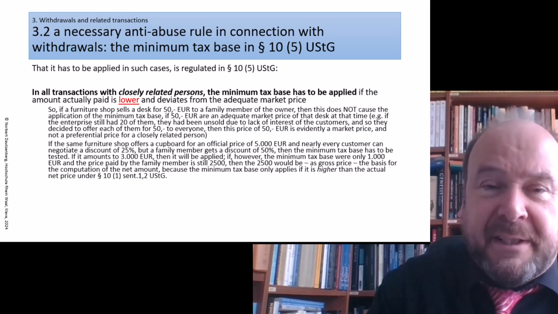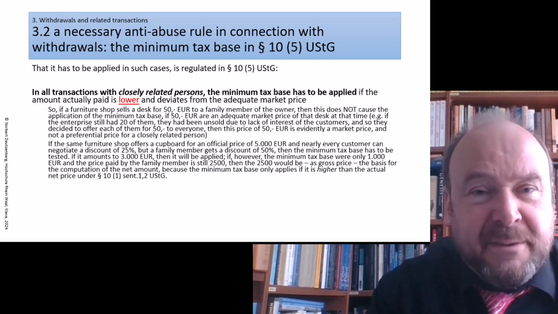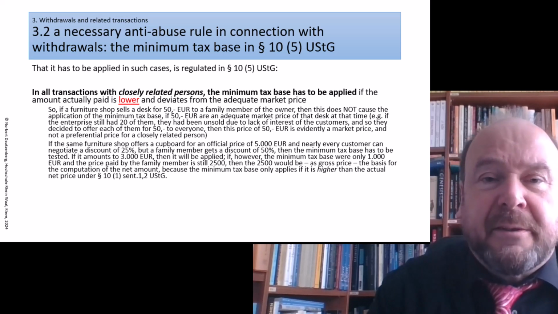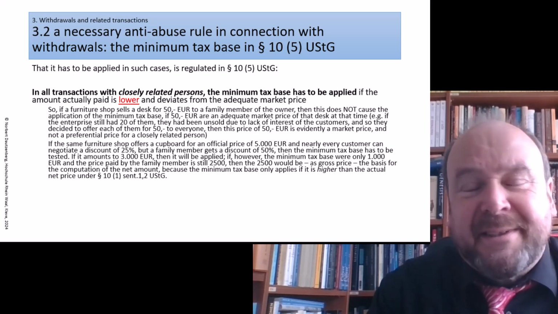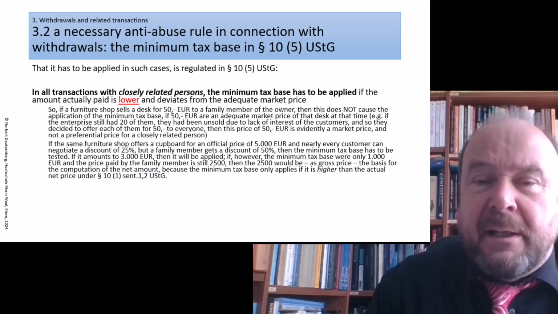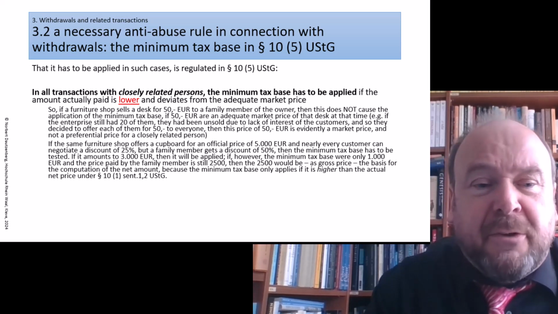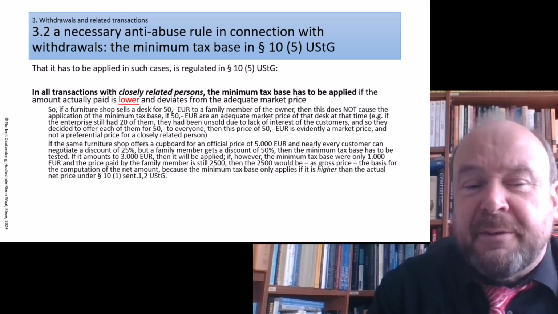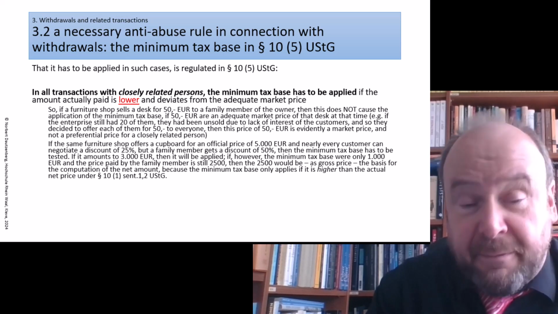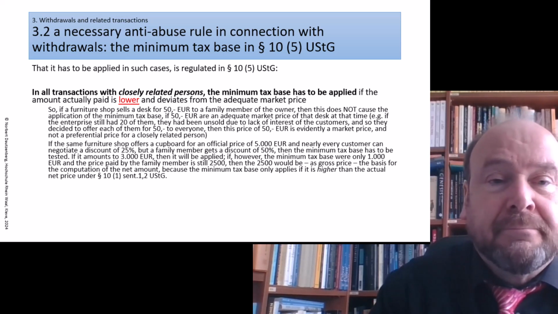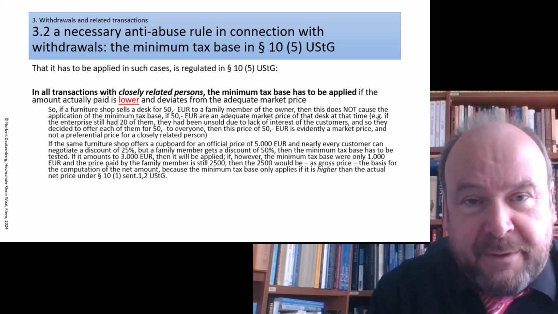For example, the desk has not been sold for a long time, so we had to reduce the price, and so on. However, if the same shop offers a cupboard for an official price of 5,000 euro, then that first says nothing.